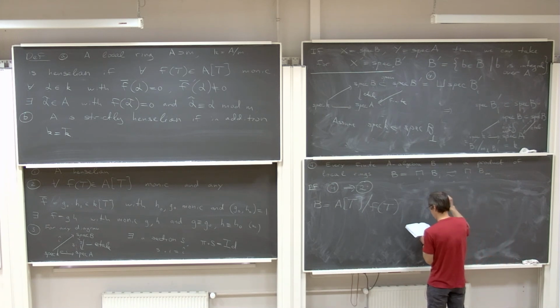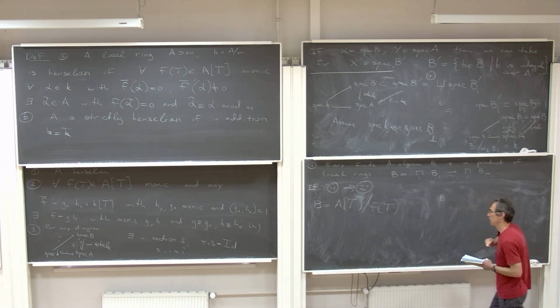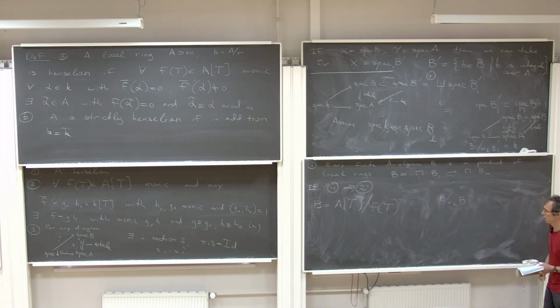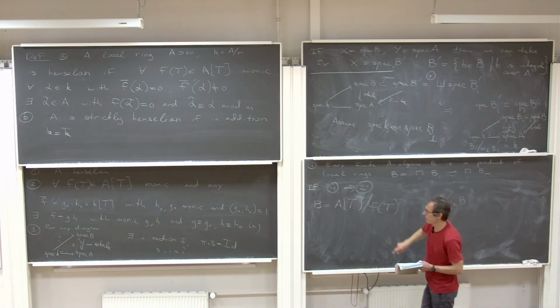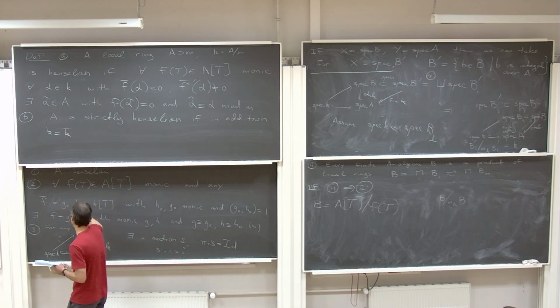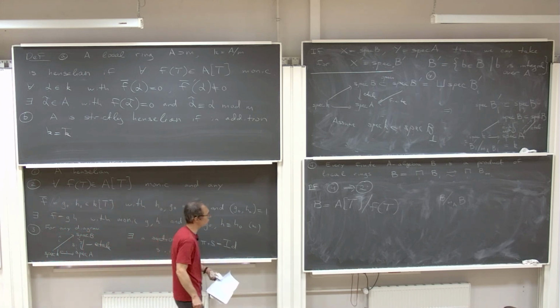so I have B modulo the maximal ideal, the fiber. So this f factors modulo the maximal ideal into a product of relatively prime polynomials.